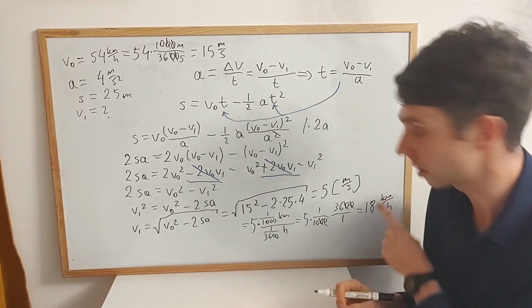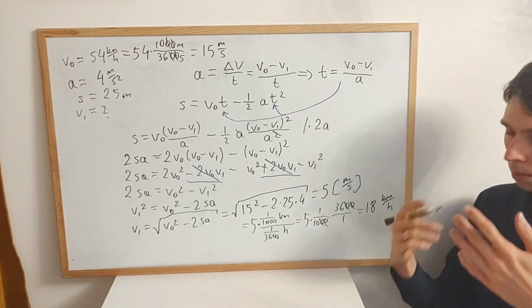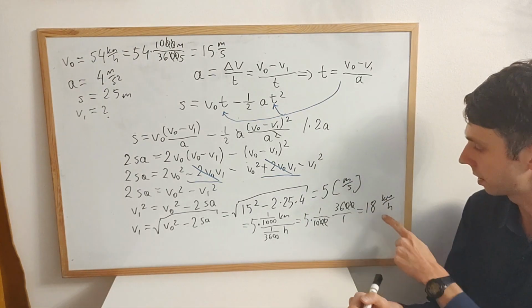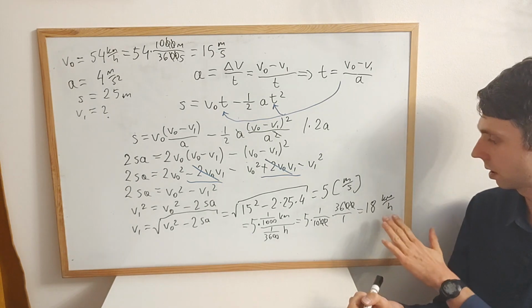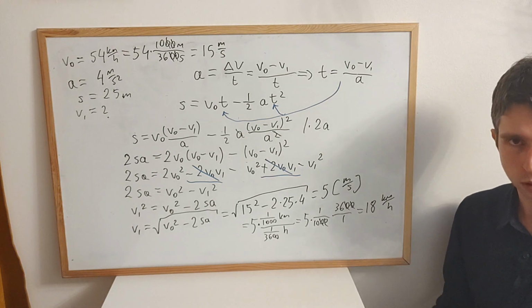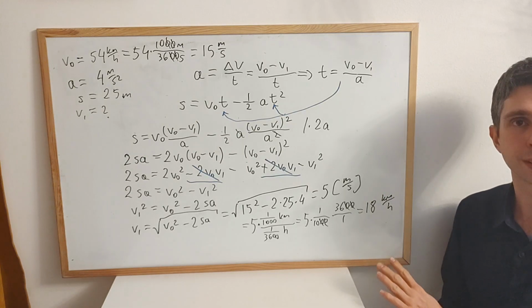So the car in this problem will hit the tree, the fallen tree, with speed of 18 kilometers per hour. Fortunately, it's not very high speed.